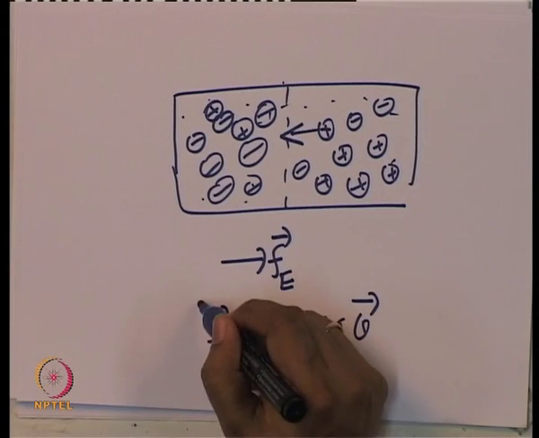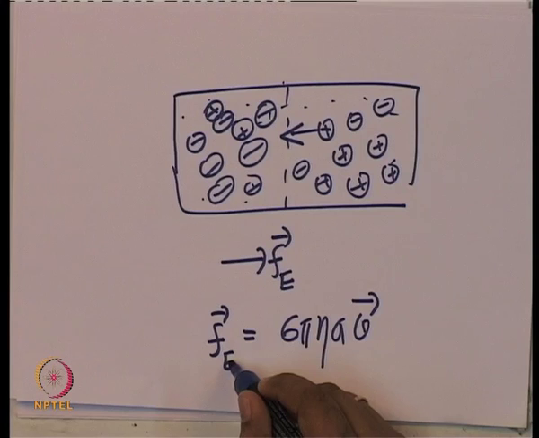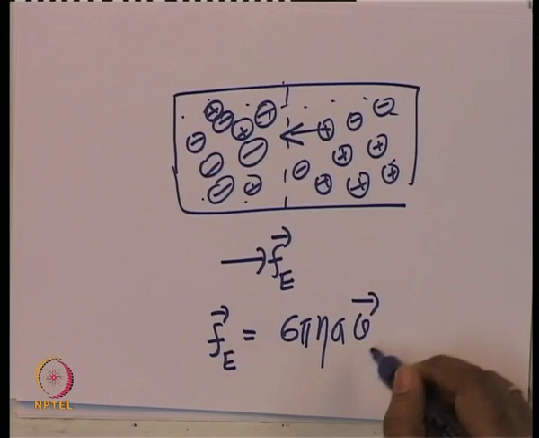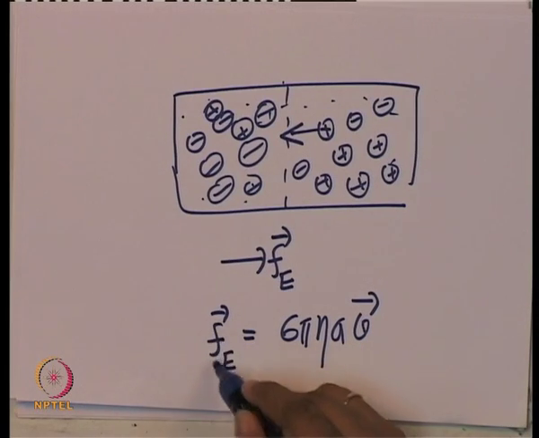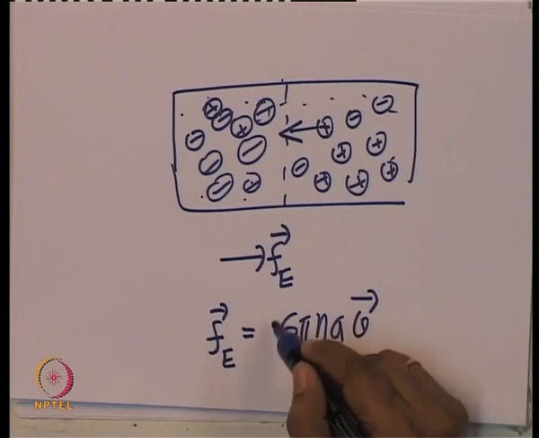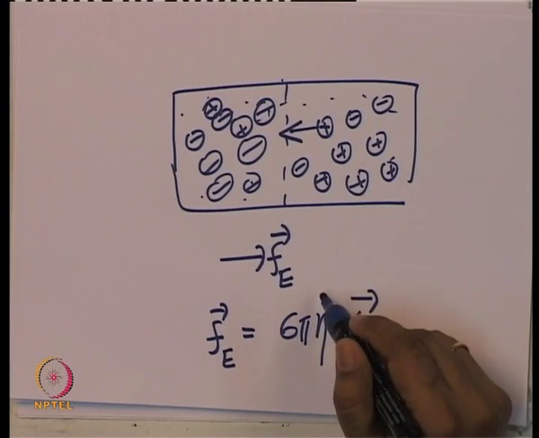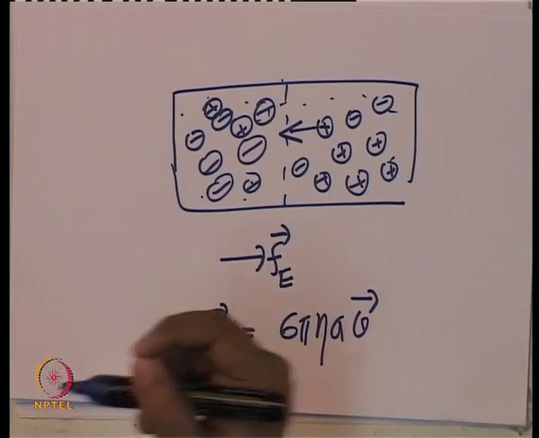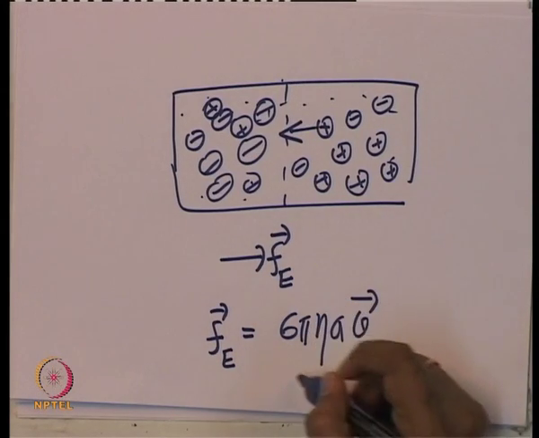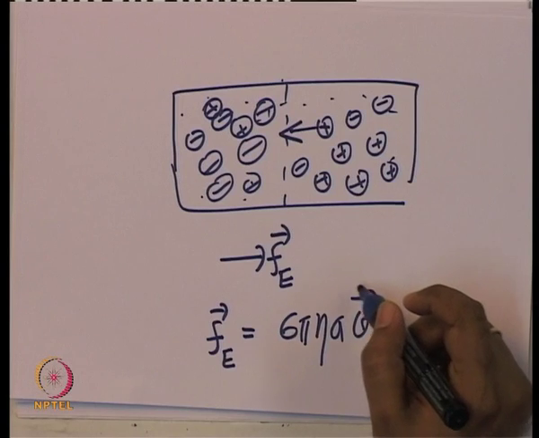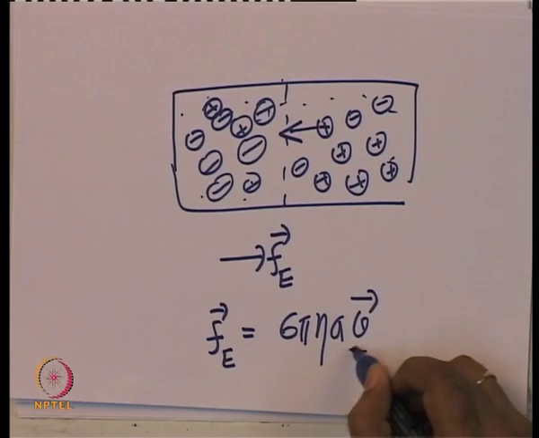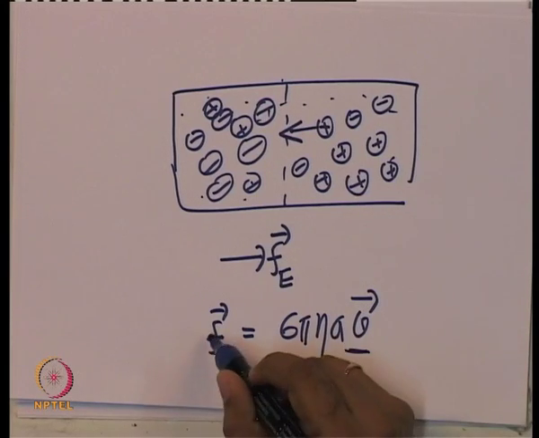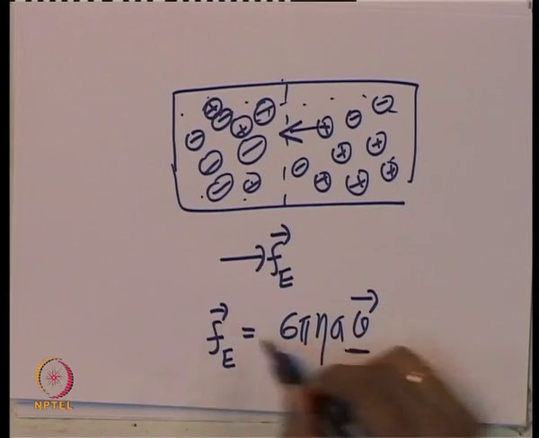If you have this much electrostatic force, the velocity will be given by F is equal to 6 pi eta a v. Now Fe is the electrostatic force and this is the drag force. When they are equal, there will be a uniform, steady state flow, and the velocity of this flow will be given by this V, which is related to the electrostatic force by this formula.